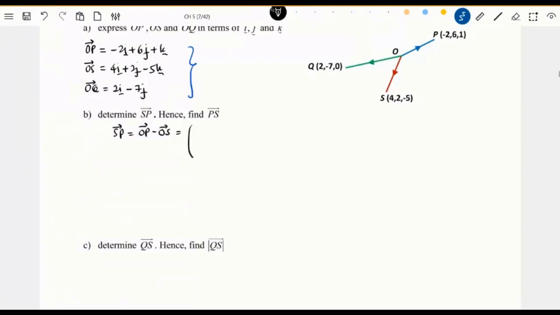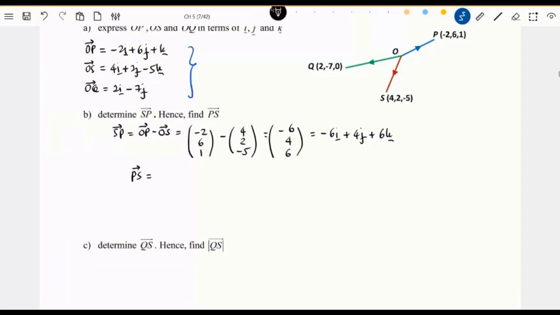So we can use the column matrix which is OP adalah negatif 2, 6, 1, tolak OS adalah 4, 2, negatif 5. Okay, so kita akan dapat negatif 6, 4 dan 6. So we put in term of direction position vector. So negative 6i plus 4j plus 6k. Okay, so that's SP.